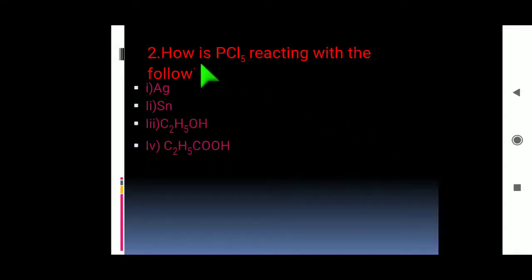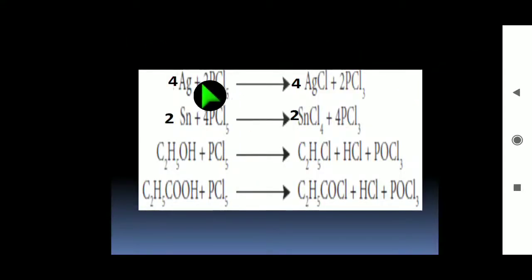Next, how is PCl5 reacting with the following? Silver, tin, ethanol and propionic acid. When PCl5, phosphorus pentachloride, reacts with silver, silver chloride and phosphorus trichloride will form.